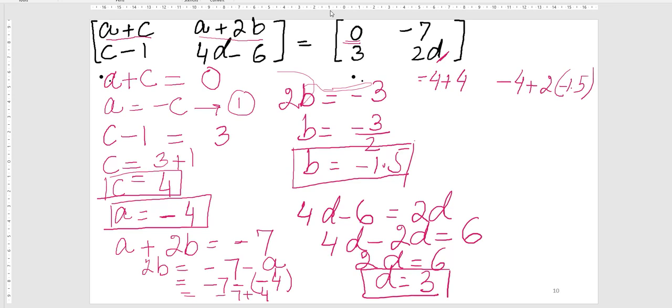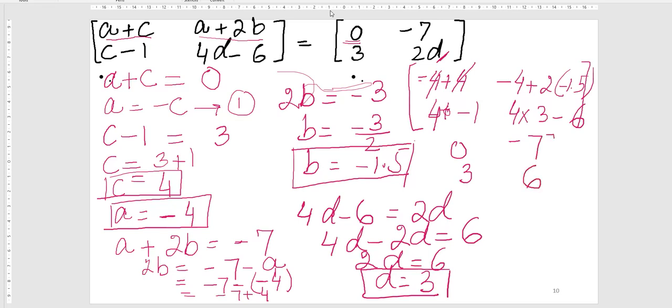And here C is 4, and this is minus 1, and 4D, the value of D is 3, minus 6. So it will be 0. See, these will cancel out. You have to enclose in the bracket as well. And here is 3, 4 minus 3, this is minus 7, and this is 6, right?